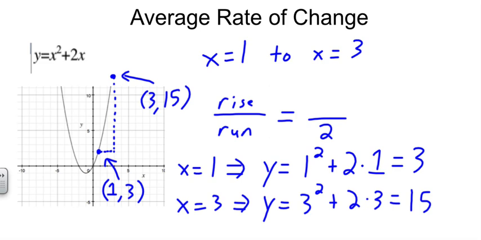So talking about the change from 1 to 3, at x equals 1, the output, the y value is 3, and at x equals 3, the output, the y value was 15.